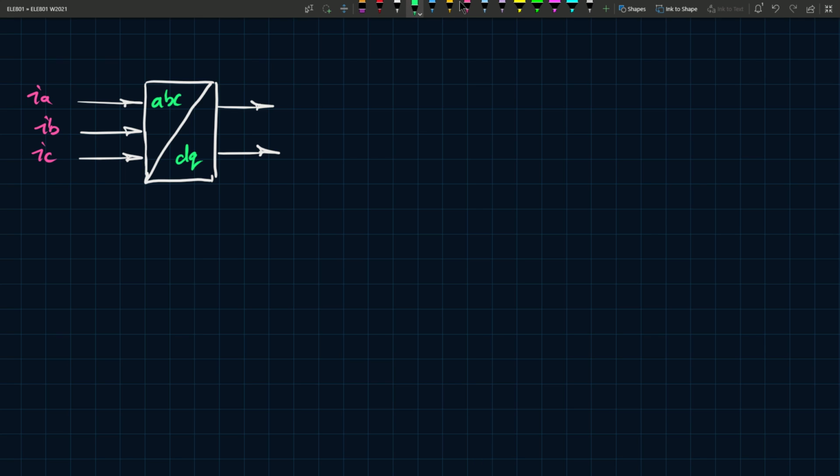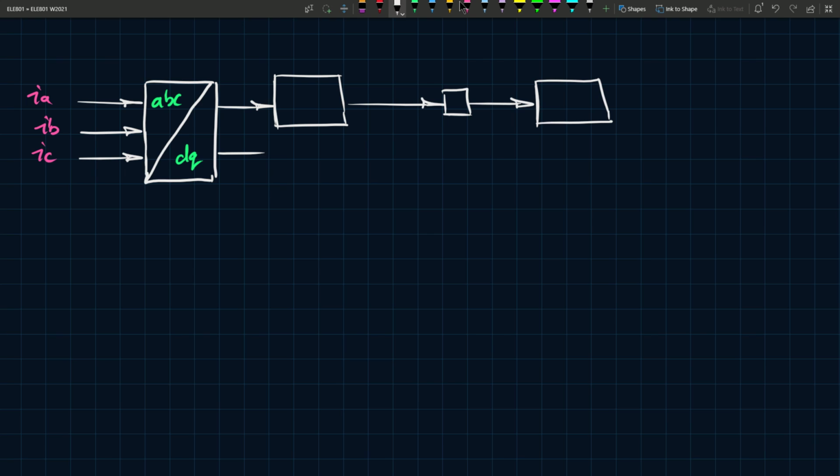This is your ABC to DQ frame transformation, which we've looked at already, and I'll link that video in the description in case you don't know how to apply the ABC to DQ transformation. You have a block here, another one here, and another one here, and this is for the torque control.